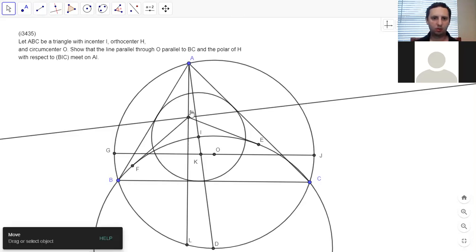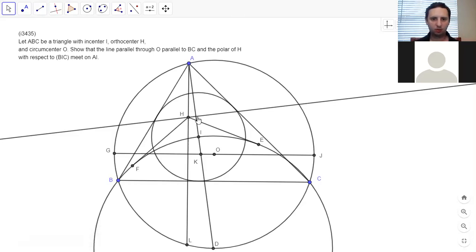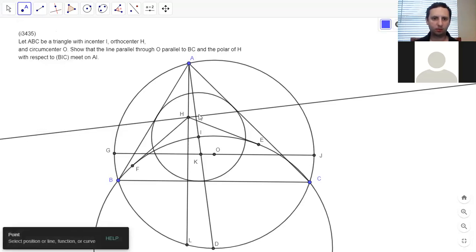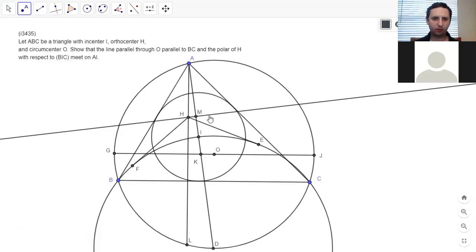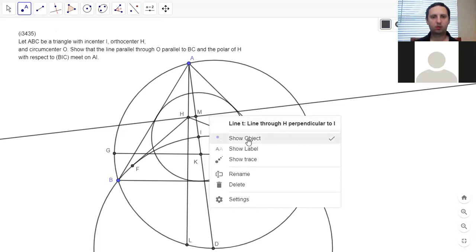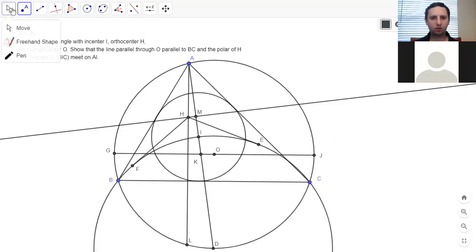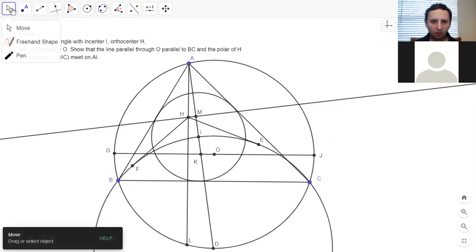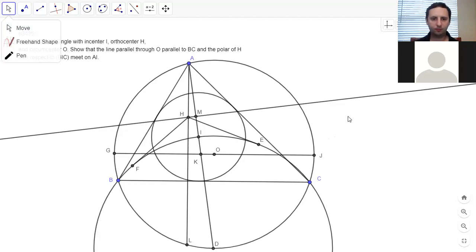Can you name the intersection of AD and the last line you draw? Yeah, so this point right here. Maybe we can show that DK times DM equals DI squared. DK times DM is DI squared. Yeah, maybe.